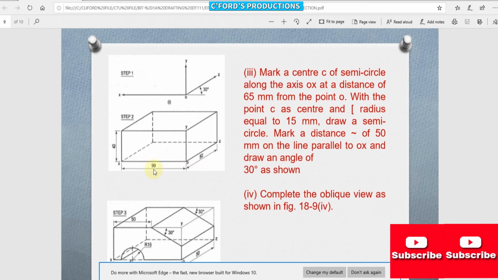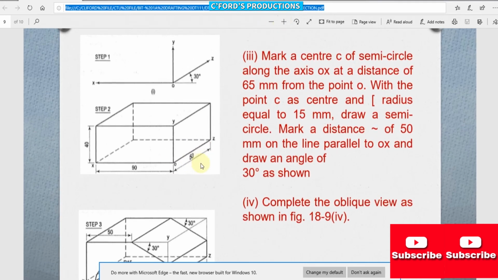This one, 90 mm. So from O to Z is 50 mm. Okay, 50 mm. So in OY, the dimension is 40 mm.